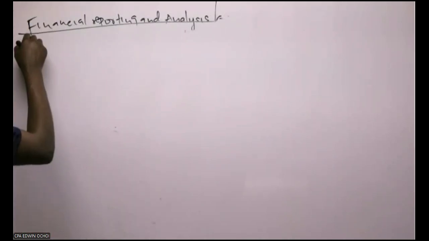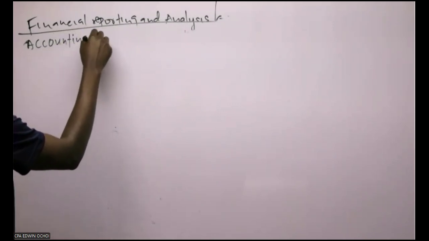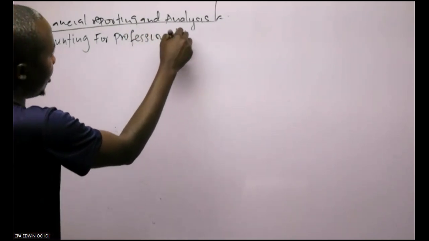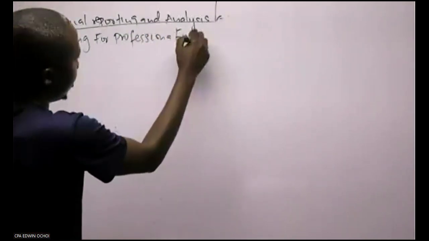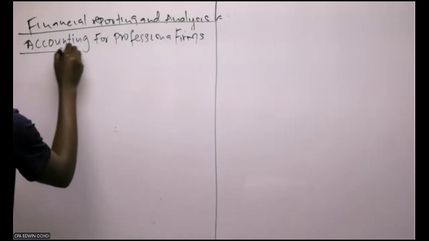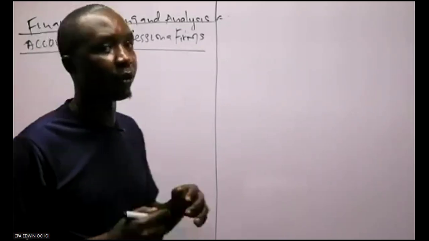Here I will be talking about accounting for income taxes. Not accounting for income taxes, accounting for the professional firms. These are the firms operated by professional practitioners, like the advocates of the High Court.